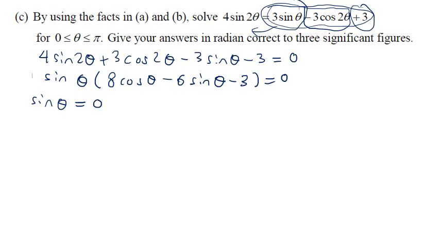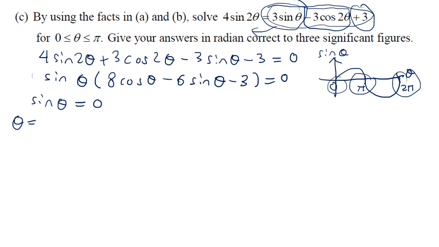for the angle theta, we have to check the graph of the sine. The graph of the sine would be like this. We notice that the situation where sin theta is 0 is at 0 degrees, pi, and also 2 pi.